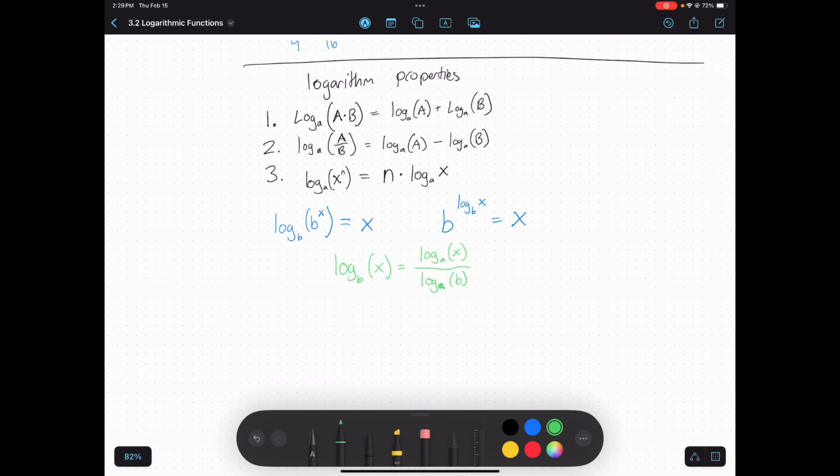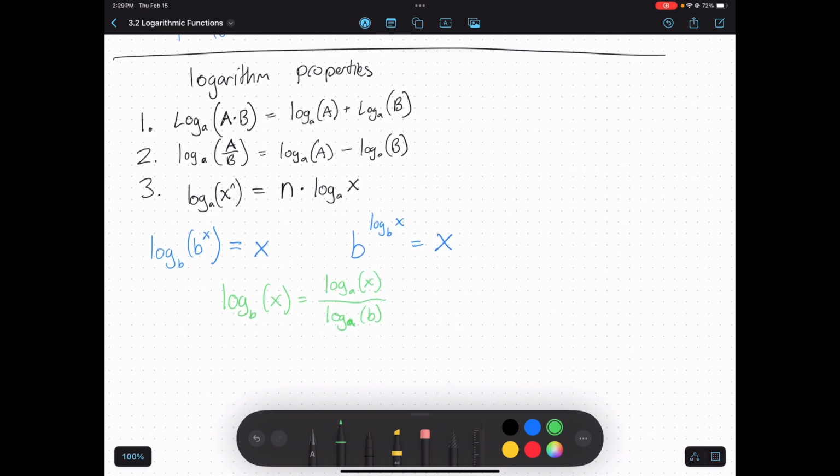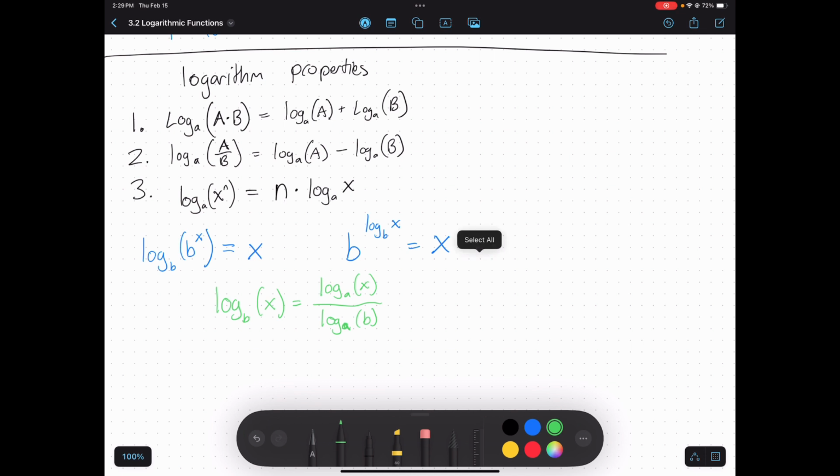Okay, so why are these logarithm properties helpful? Well, the first reason is because logs require you to be talking about a specific base, I have an infinite number of log functions, right? Depending on what base I'm working with. That's true with exponents as well. But exponential functions are a little easier to plug into your calculator than log functions are.